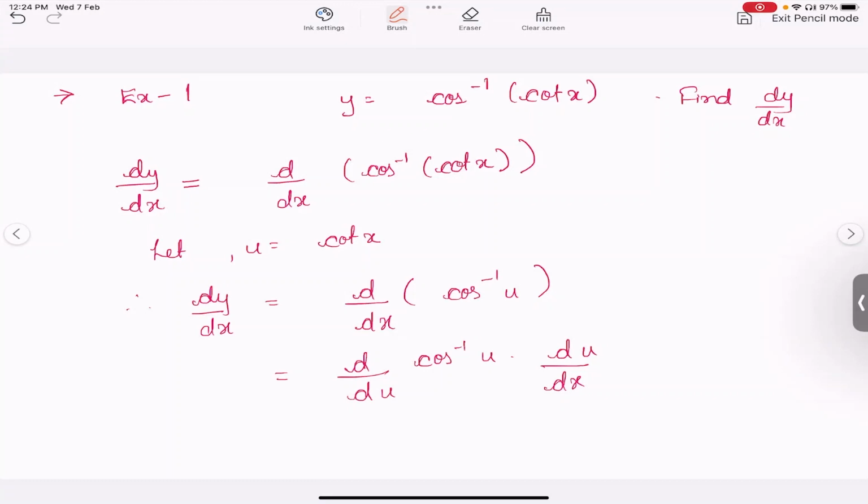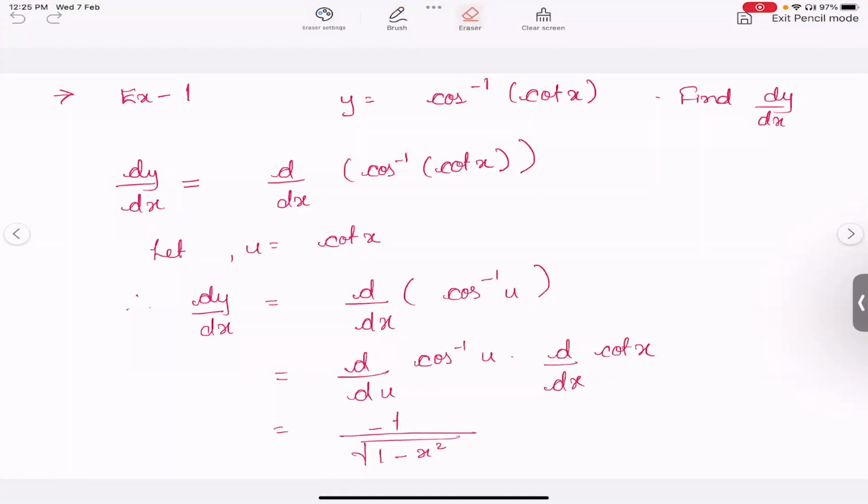And for u, we already know u is equal to cot x. So cos inverse u, we have already learned, the derivative is equal to minus 1 by root under 1 minus x square.